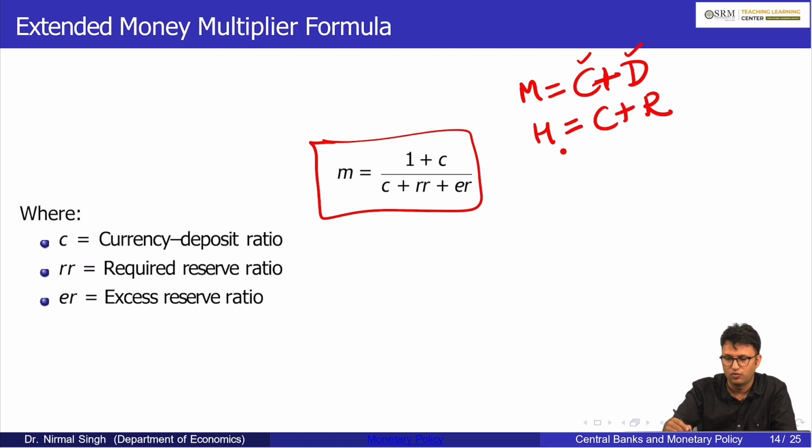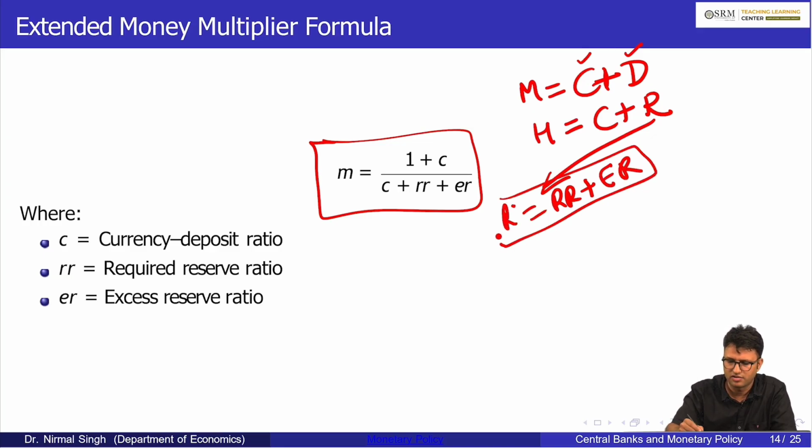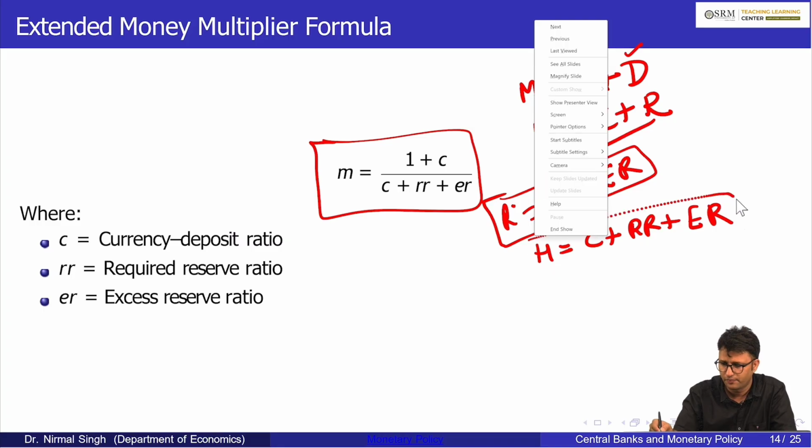Reserves are of different types: required reserve plus extra reserve. So R is made of required reserve and extra reserve. So H is equal to currency plus required reserve plus extra reserve.